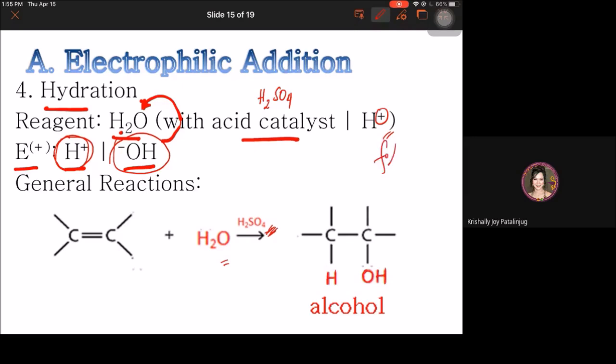Markovnikov's rule is very important in predicting the product.